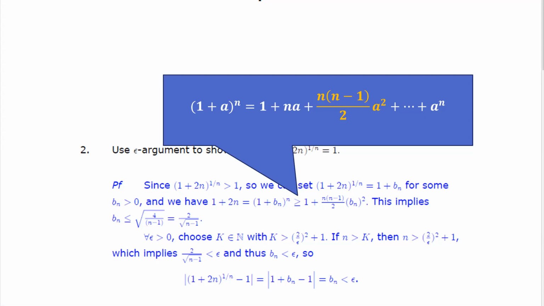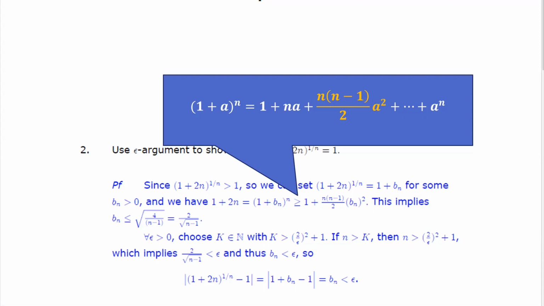Actually you have to choose K greater than 2 over epsilon squared plus 1. When n is greater than K, you have that 2 over square root of n minus 1 is less than epsilon. By the above inequality, this implies that bn is less than epsilon.